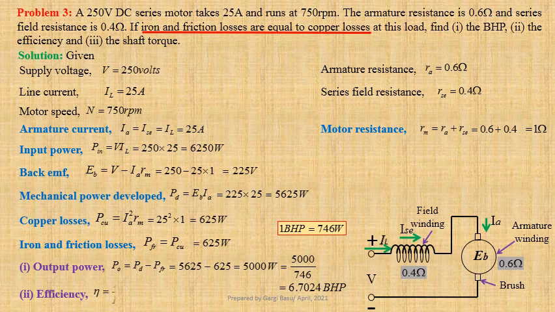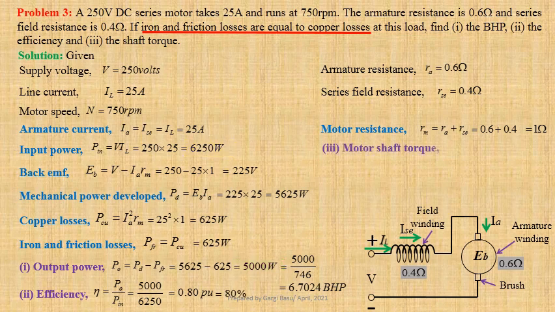Efficiency eta equals Po by Pin, that is equal to 5000 divided by 6250, that gives us 0.80 per unit or 80%. Expression for motor shaft torque Tsh equals Po divided by 2 pi N by 60.